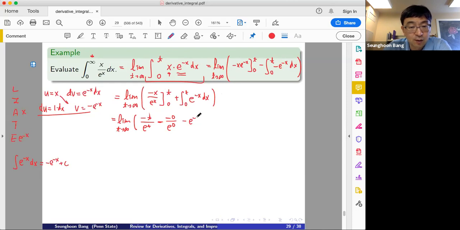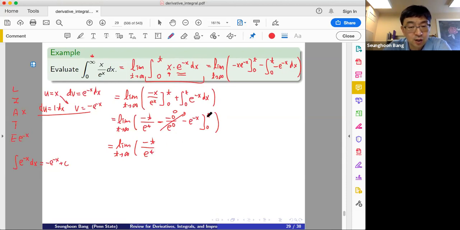Negative e to the minus x from 0 to t. So what happens? 0 over e to the 0 is 0. It's gone. The limit as t approaches infinity. The first one is negative t over e to the t.